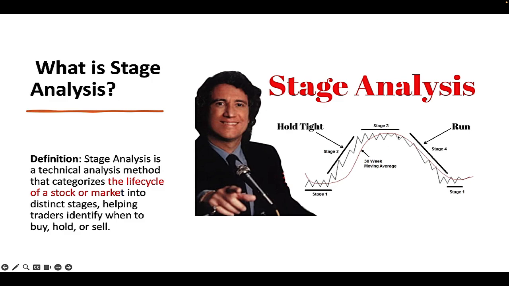Whenever you see stage 3 coming, where there is consolidation happening at the top, and then a breakdown of this stage, it's an ideal time to exit. Stage 3 is a cautious stage where you should look for a breakout on the upside or downside, and stage 4 is a down phase or downtrend where you should not hold any stock.